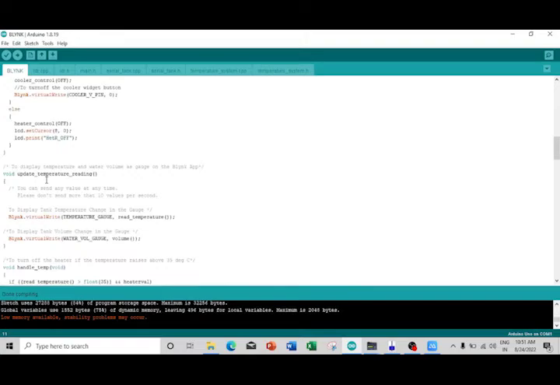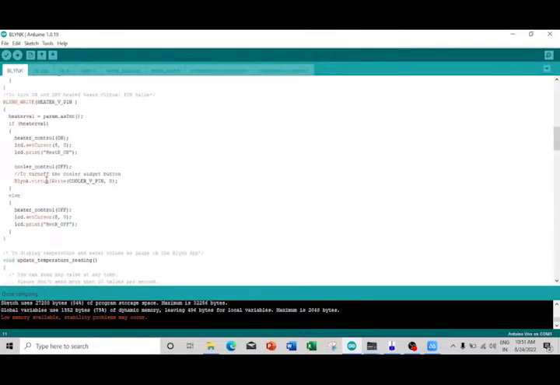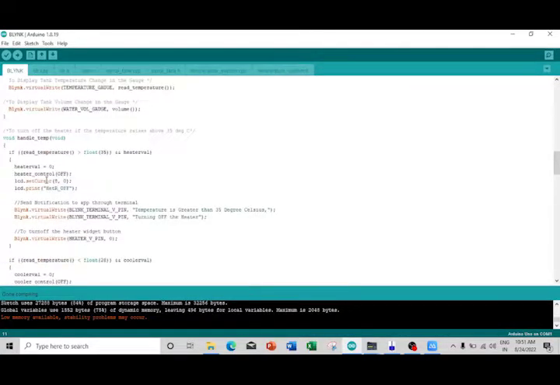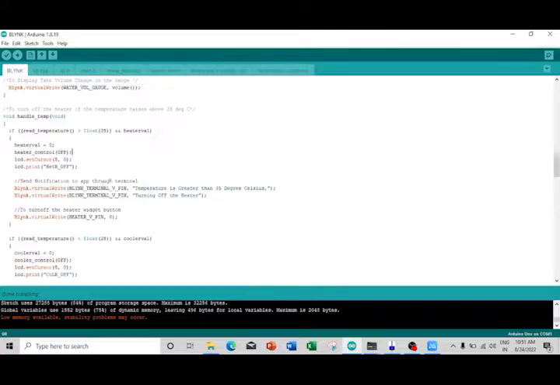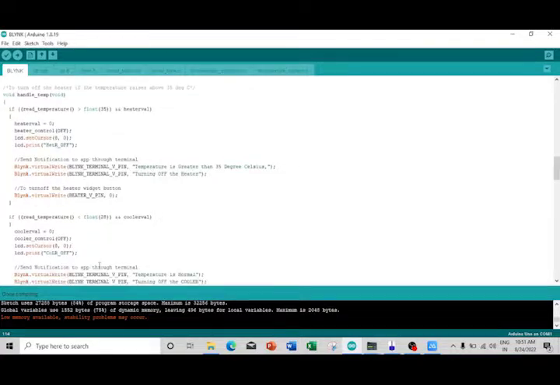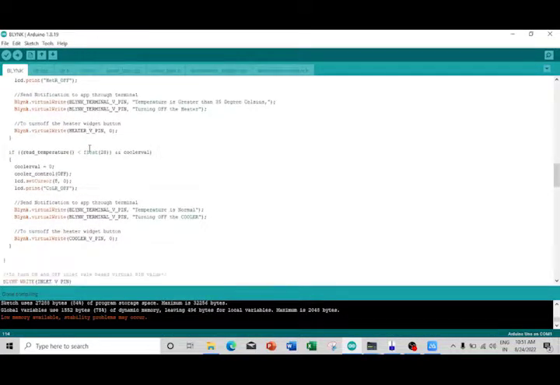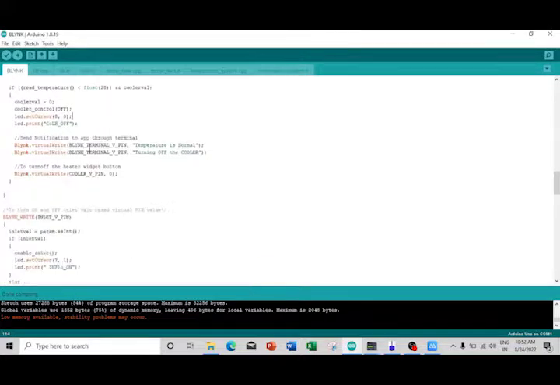The first part in our code is for the temperature system, and when the temperature is greater than 35 degrees Celsius, the heater should turn off because that is not normal for a room temperature. And when the temperature is less than 28 degrees Celsius, which is the actual room temperature shown here, the cooler should turn off. That is the second part of our project, the temperature system.